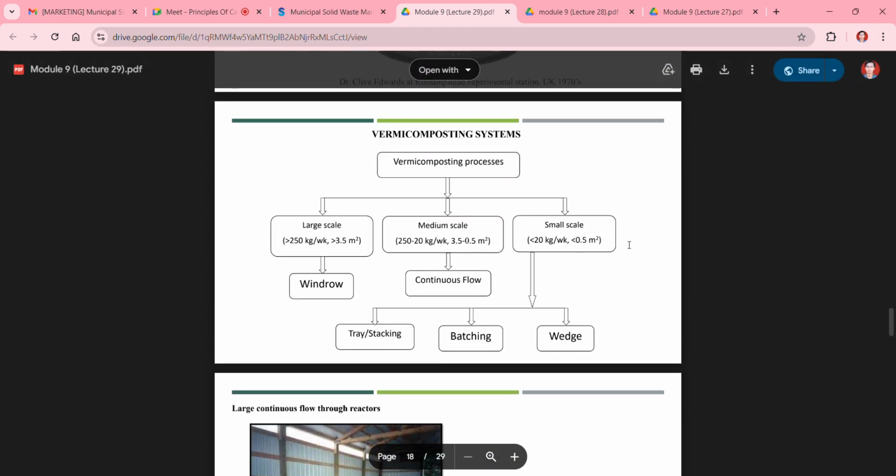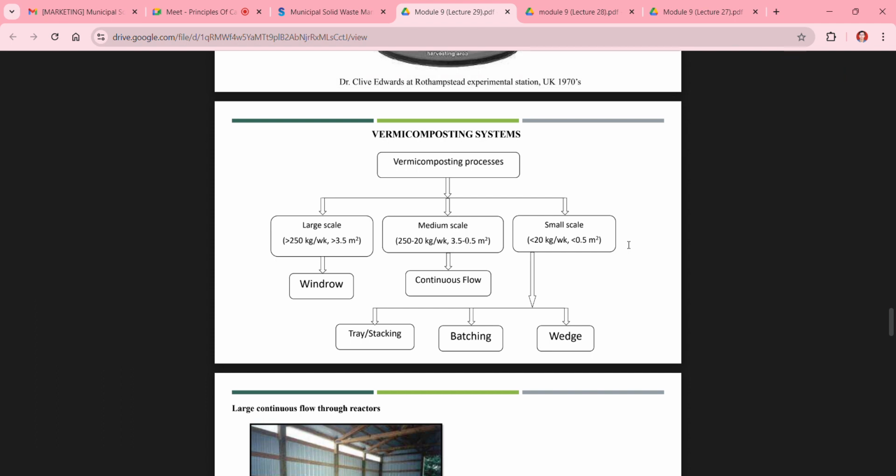Then the vermicomposting process can be divided into three different scales: large scale, creating 250 kg per week of vermicompost; medium scale, which can handle 20 to 250 kg per week; and small scale, which can handle less than 20 kg per week.